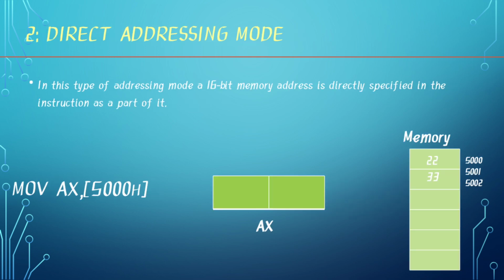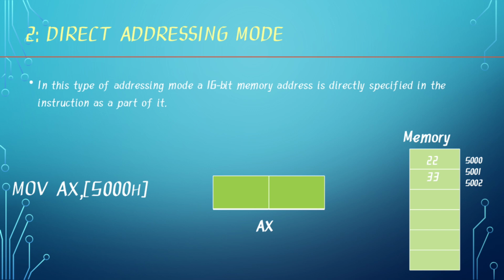Next, coming to the direct addressing mode. In this type of addressing mode, the 16-bit memory address is directly specified in the instruction. I have one example: MOV AX, [5000H]. Here 5000 is the address of the memory.